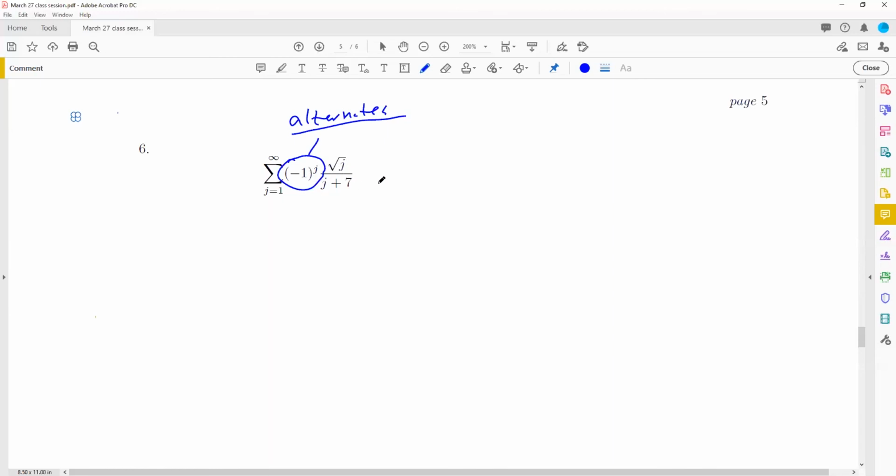Okay? And then this guy right here, the limit as j goes to infinity of the square root of j over j plus 7, what's that limit?